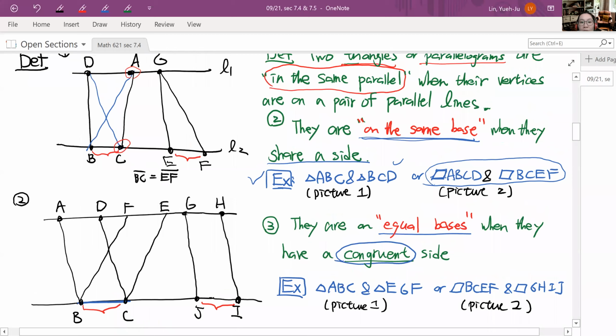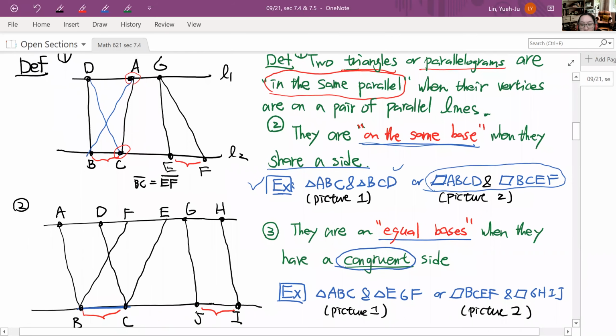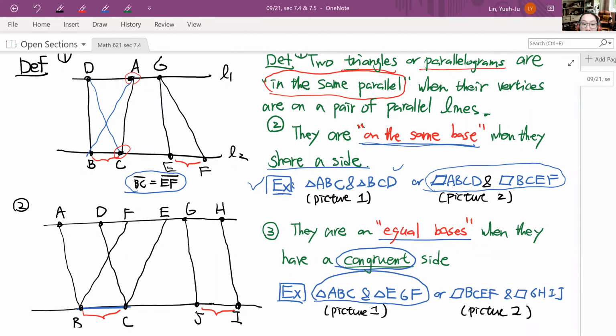For example, in the first picture, triangle DBC and triangle GEF are on equal bases, because here I assume BC is equal to EF. They're not necessarily sharing the same side, but the sides they have are congruent to each other. That's why we say equal.